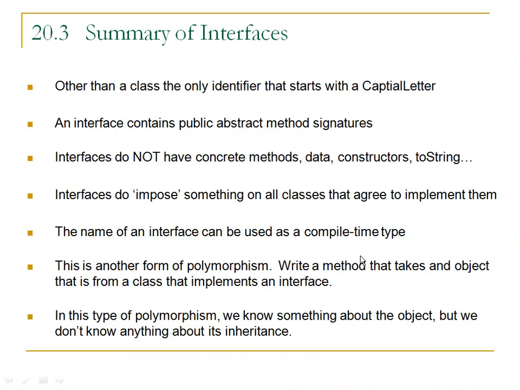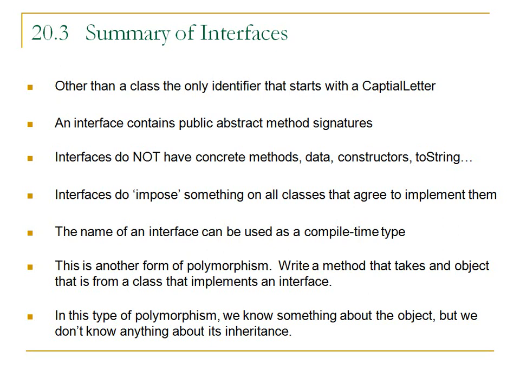So let's talk just a minute about what we've learned in this video, the interface mechanism. So the first thing to say is, other than the name of a class, an interface is the only identifier that starts with a capital letter. And the structure of an interface looks similar to the structure of a class.